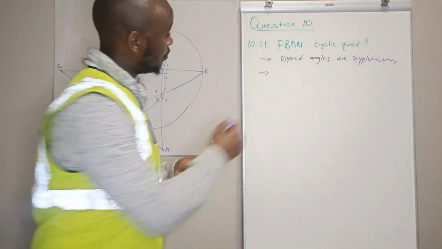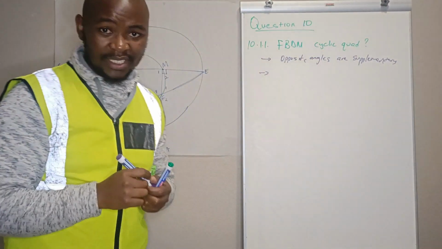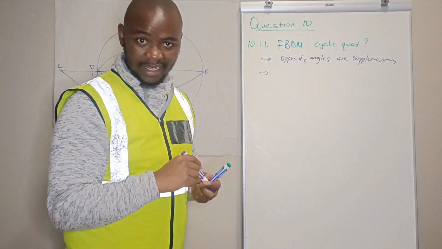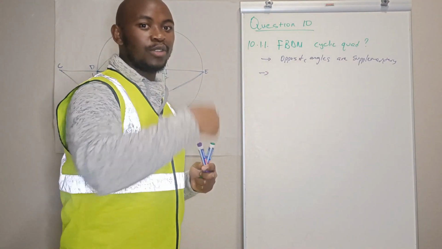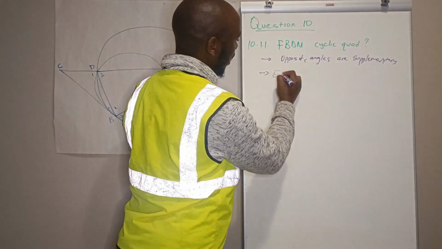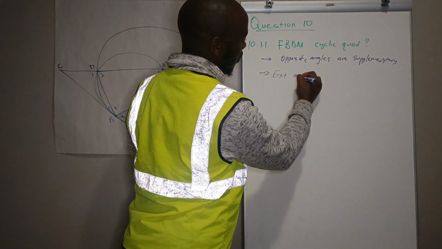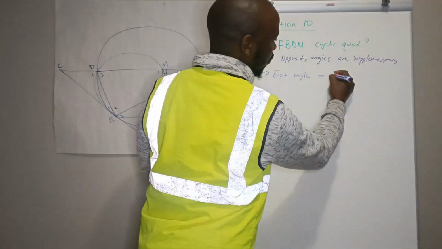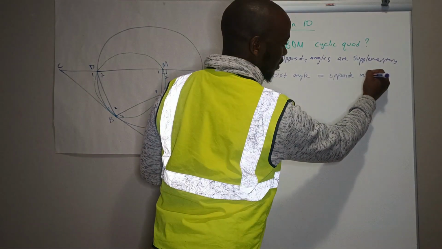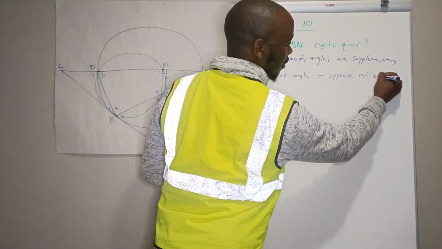Second approach is the opposite: the exterior angle of a cyclic quad should be equal to the opposite interior angle. So exterior angle is equal to opposite interior angle.